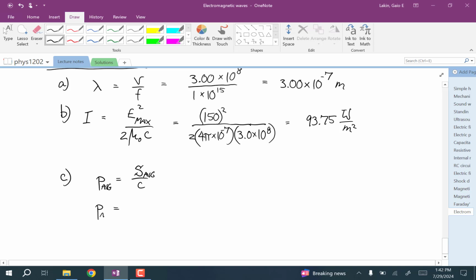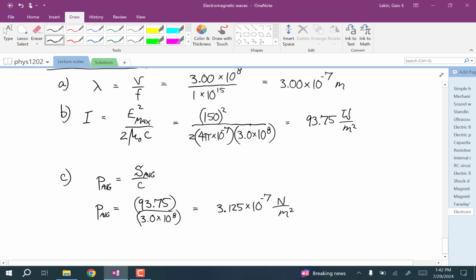And that average pressure is equal to the intensity divided by the speed of light. And you get a value of 3.125 times 10 to the minus 7th newtons per meter squared.